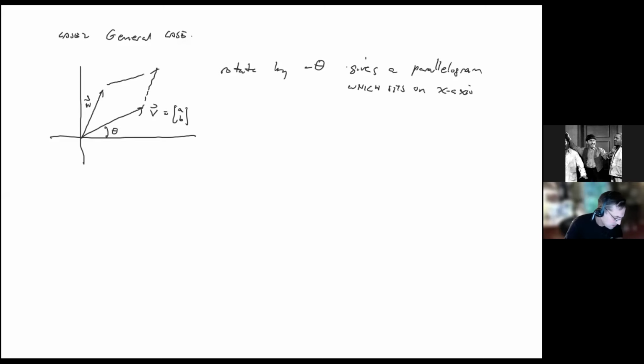But what are the components of the vectors of the parallelogram? Well, it's not hard to do by trigonometry. We can actually figure this out when we perform this. The coordinates of this point turn out to be, well, it has to be the same length as our vector, so it's got to be the square root of A squared plus B squared, and 0.